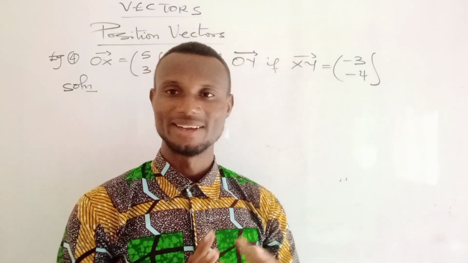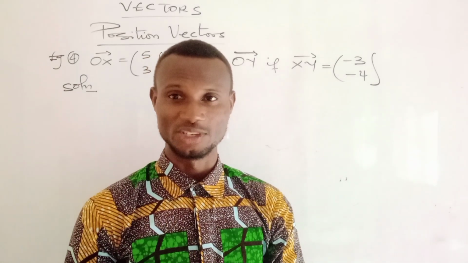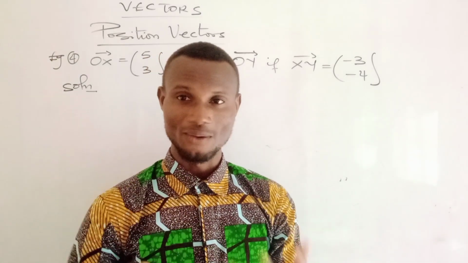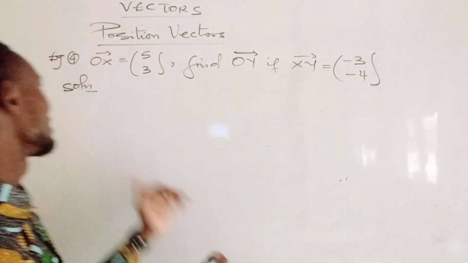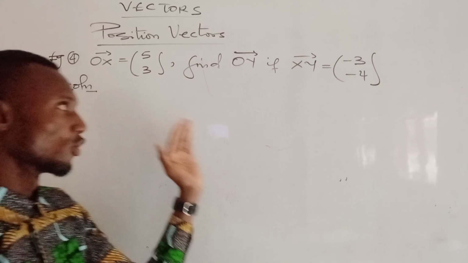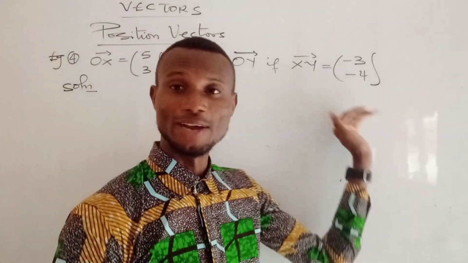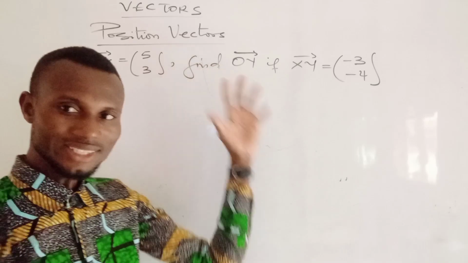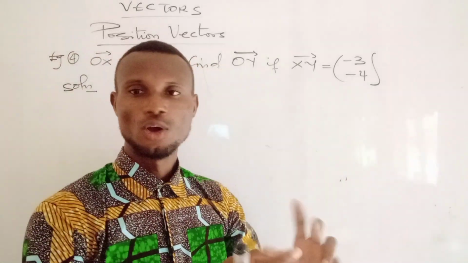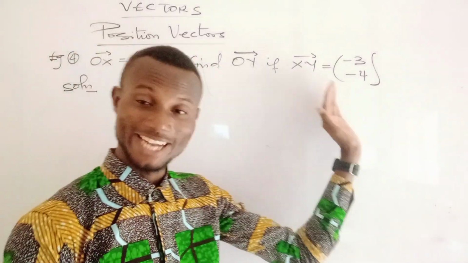I hope the explanation is clear enough up to this point. I want to go over one more time. All that I'm saying is that from the question, we have been given the vector OS and also the vector SY, and the question is asking us to find the vector OY. Now the OY, we can get it from the SY.